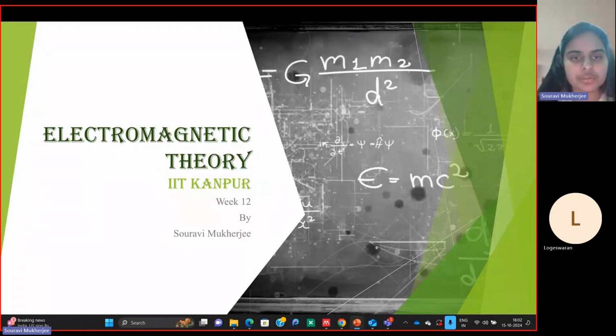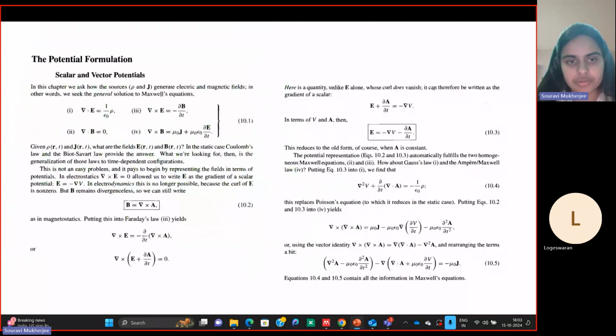So to recall, when we discussed electrostatics or magnetostatics, we discussed scalar and vector potentials. One of the reasons we went to potential expressions like the scalar or vector potential is that it's easier to deal with them.